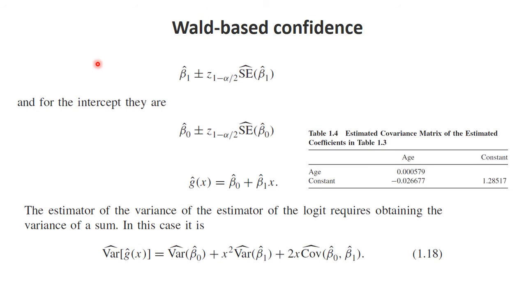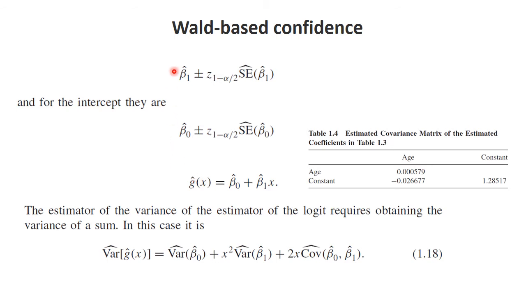In the same sense, we can also build confidence intervals. Typically what comes out of the software is that we also get the standard errors, this number and that number. We also get the covariance between the two. If you divide that by that, you get the correlation between those two.